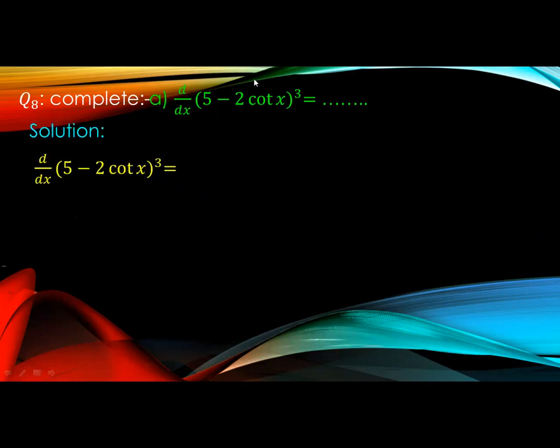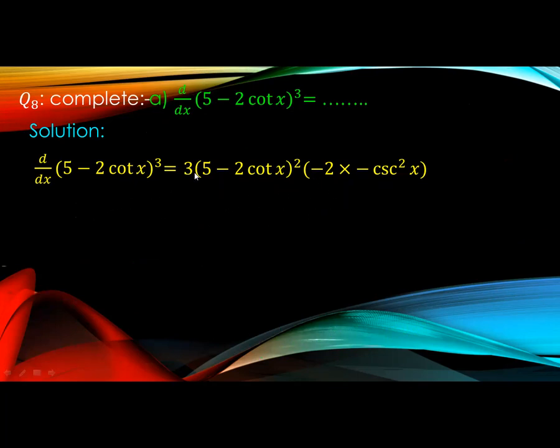Exercise number 8, complete. Letter A, d by dx of (5 minus 2 cotan x) all to the power 3. This function is raised to the power 3, so for its derivative we drop the power and subtract 1 from the power, multiplied by the derivative of the base.